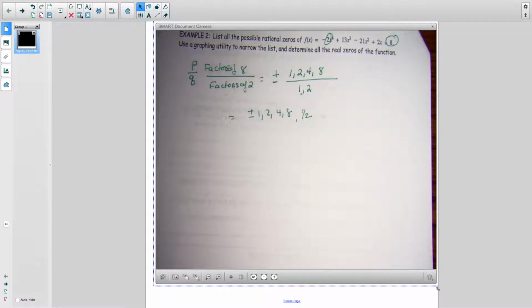So y equals, and we're going to put our function in. Negative 2x to the 4th plus 13x to the 3rd minus 21x squared plus 2x plus 8.